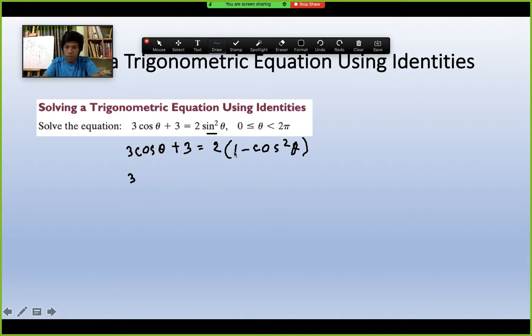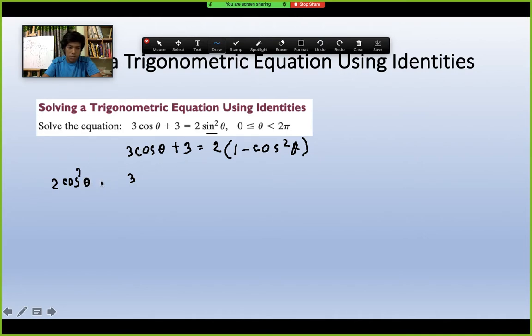2 into 1 means 2, then 2 into cos squared theta means 2 cos squared theta. Then we can bring this thing to this side also. I'm just bringing it all in one line. So 2 cos squared theta, this came from this side, that's why it became plus.